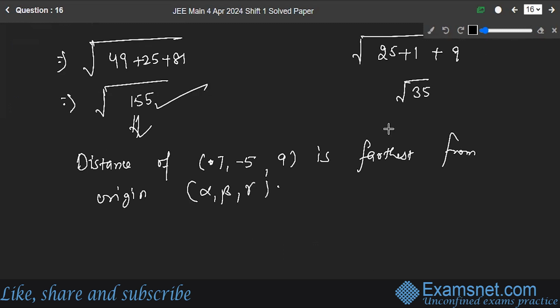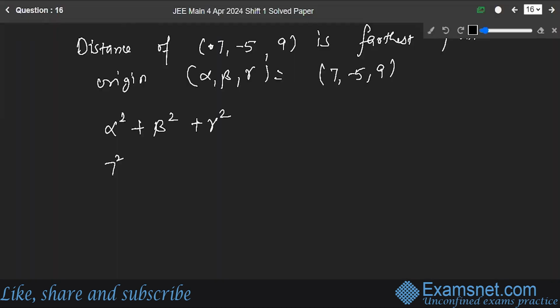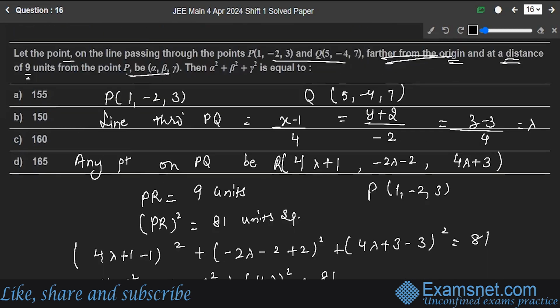So alpha, beta, gamma is this coordinate, right? You have to find out alpha square plus beta square plus gamma square, which will give you 7 square plus minus 5 square plus 9 square, 49, 25, 81, which gives you a total of 155. That makes option A the right answer.